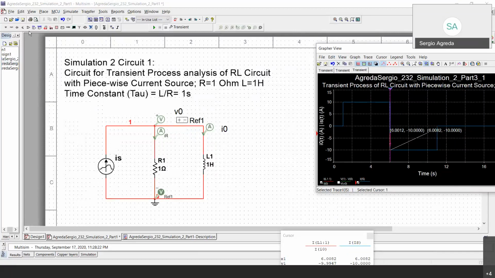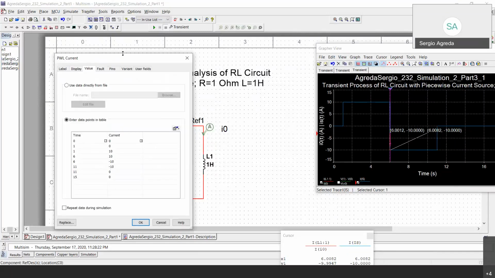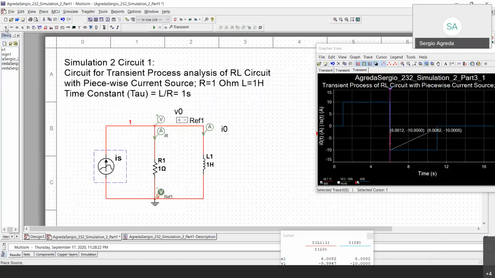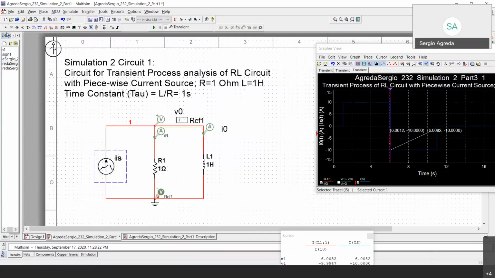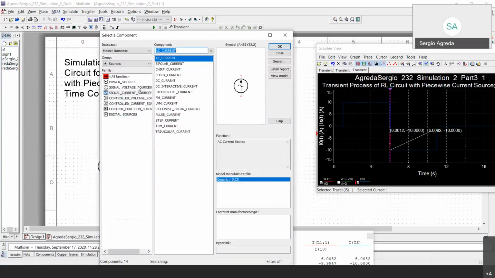These are kind of tricky to find if you've never used piecewise function sources. They're usually located in sources, then signal current sources. It should be here, piecewise linear current.